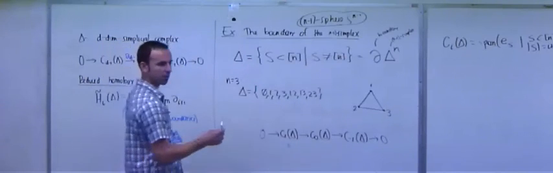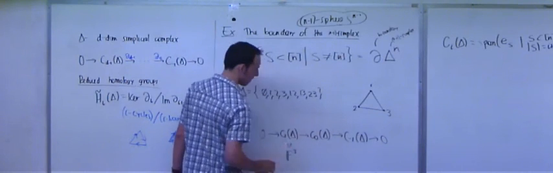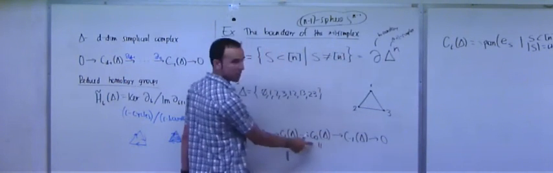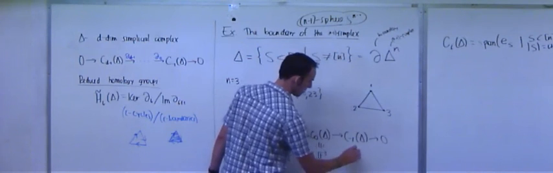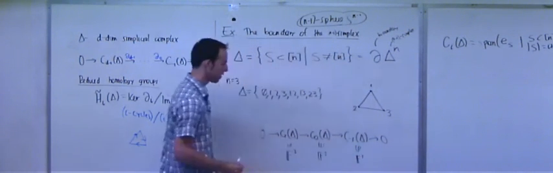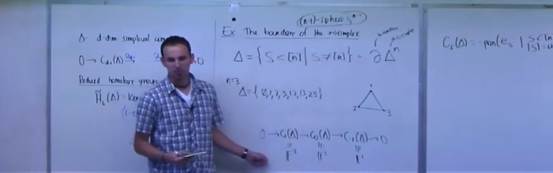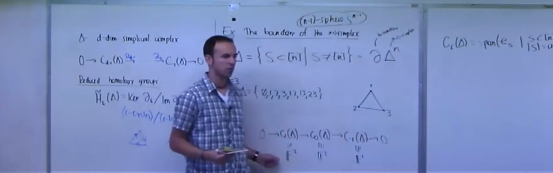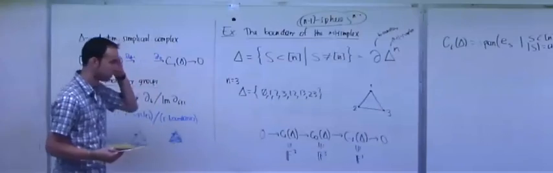C_1 of delta, how many one-dimensional faces do I have? 3. So this is like F^3. How many zero-dimensional faces do I have? 3. And how many empty faces do I have? 1. Okay. And so the dimensions that we're seeing here are 1, 3, 3, and we're missing the last number in the row of Pascal's triangle, but these are basically the n choose i's. Okay.